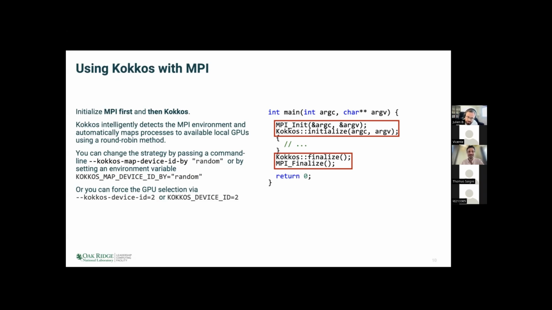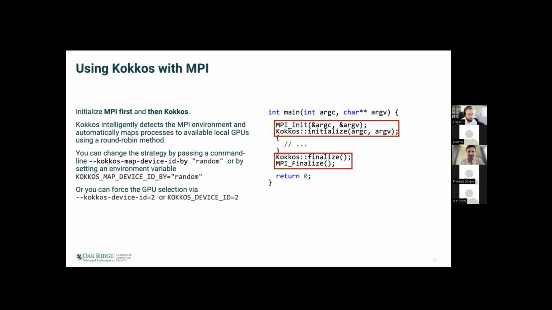And the other question is, I assume that Kokkos honors whatever Slurm did to map GPUs to processes. That's the intent. And if you are on a system where it's not done properly, then you open a bug report.